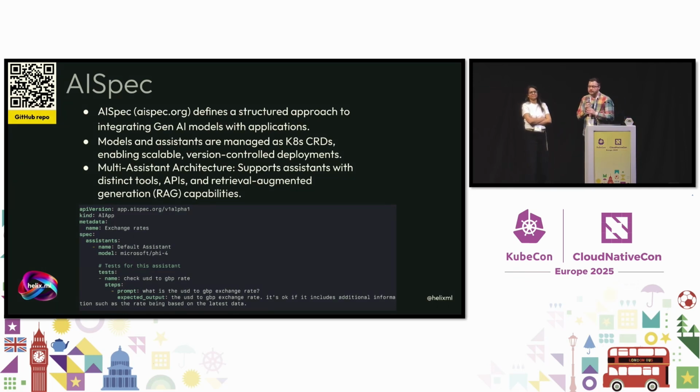Thanks. So the last thing I want to mention is that we're working on this effort called the AI spec. The AI spec, as you can see here, is an effort to define a new CRD type in Kubernetes that allows you to describe all of the applications that I've just shown you as configuration rather than code, because that allows you to avoid GenAI sprawl across your company, where different teams might be building completely separate implementations of RAG pipelines, and then you need to figure out how to secure them all.